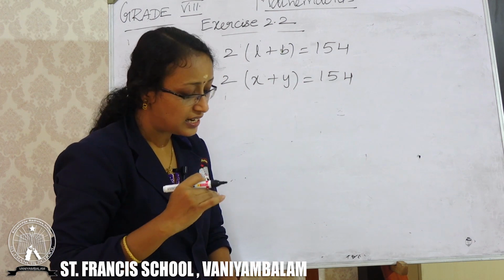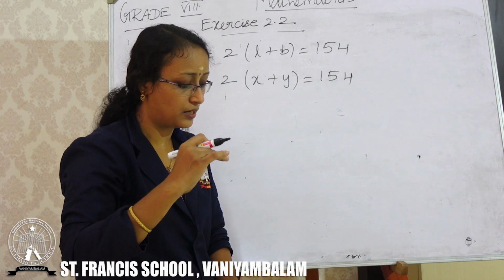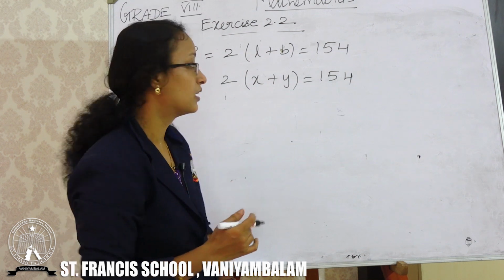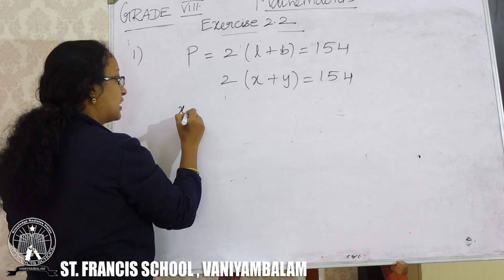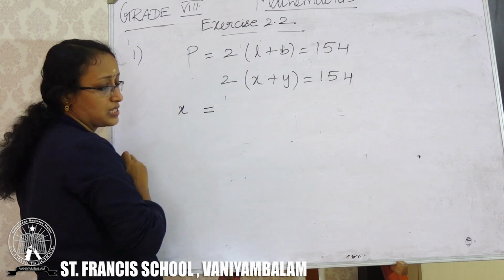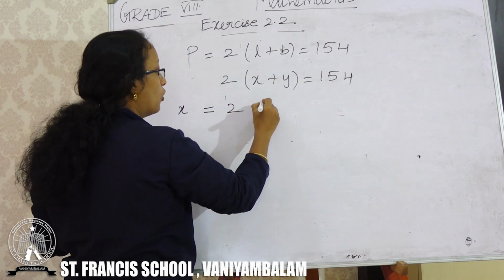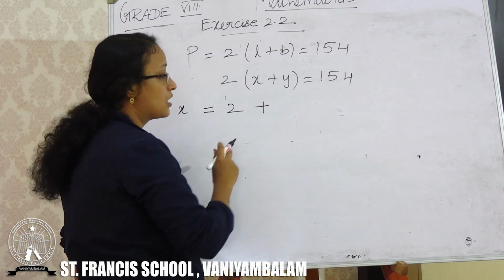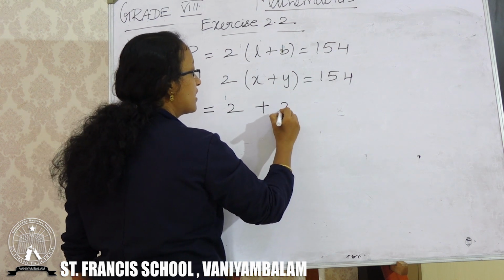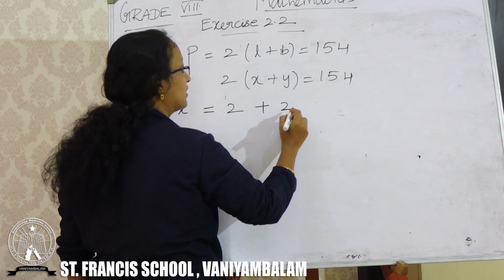And it is given the length is 2 meter more than twice its breadth. What is your length? Length is equal to 2 more, means plus 2, more than twice its breadth. What is your breadth?